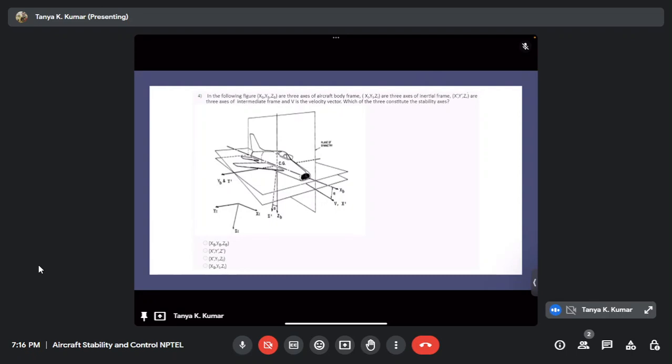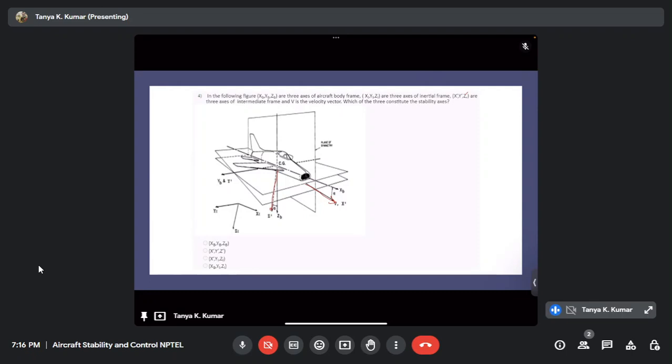The x dash. Okay, so what other vectors go with x dash? See, this is the velocity vector, so that is the x dash, and when you rotate zb by this alpha, you have this z dash, and y remains the same.